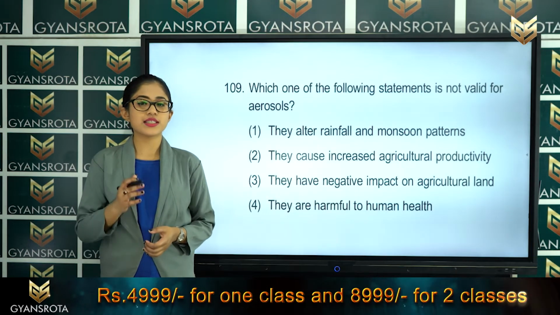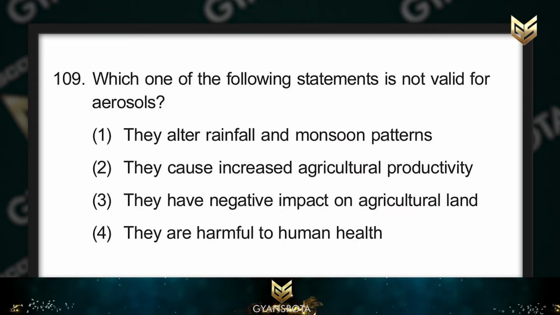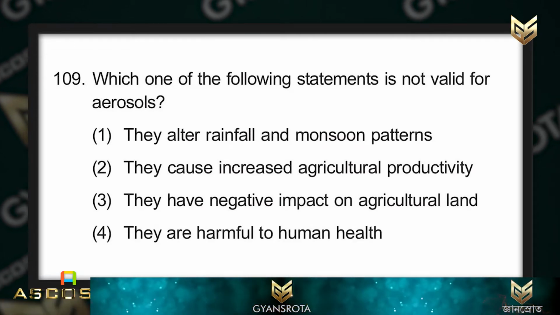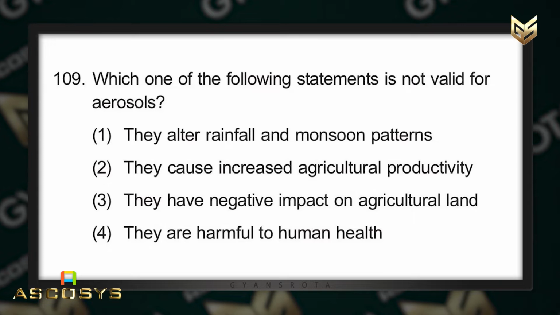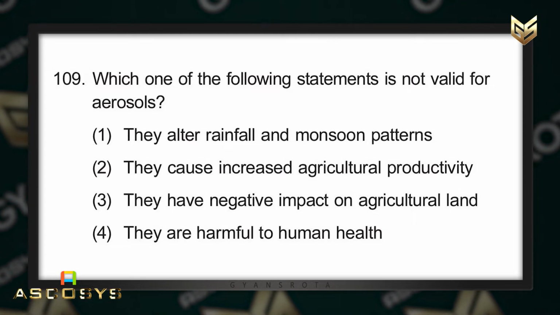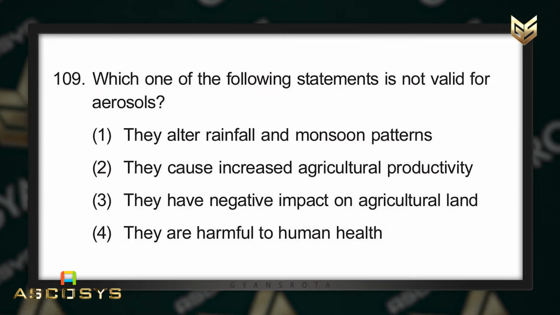Now in the next question, that is question number 109: which one of the following statements is not valid for aerosols? Option 1: they alter rainfall and monsoon patterns. Option 2: they cause increased agricultural productivity. Option 3: they have a negative impact on agricultural land. Option 4: they are harmful to human health.